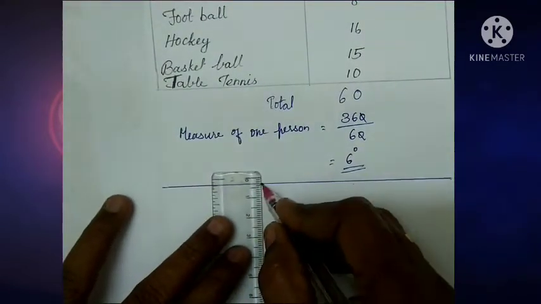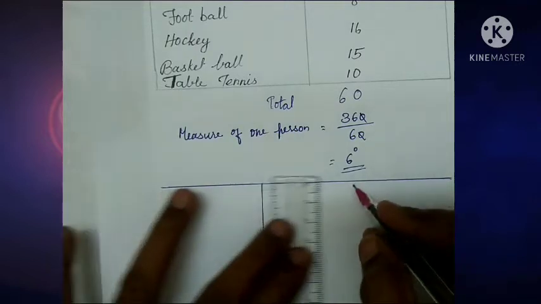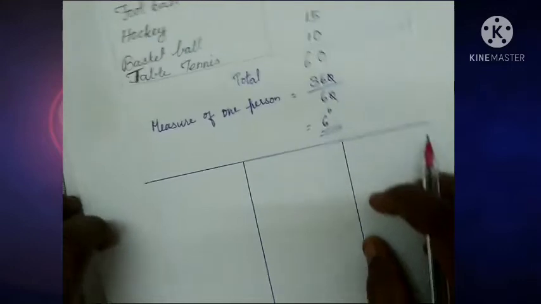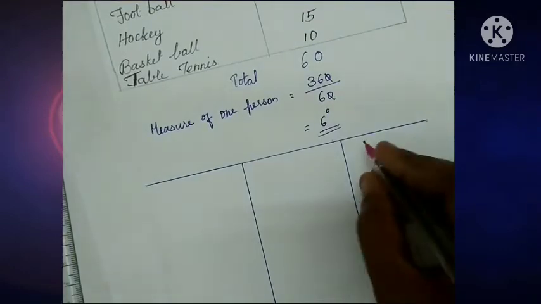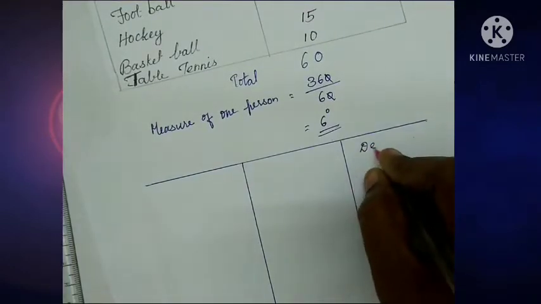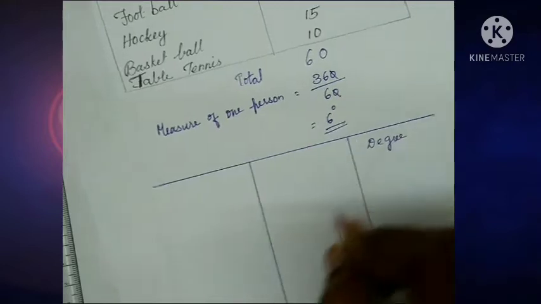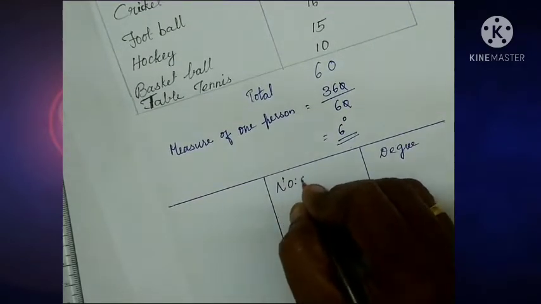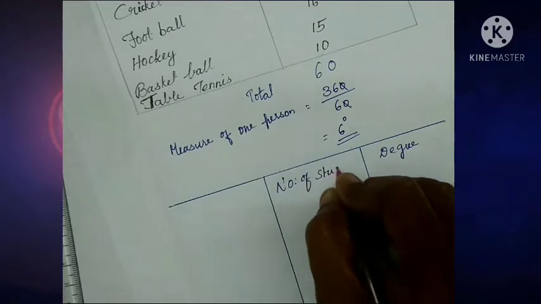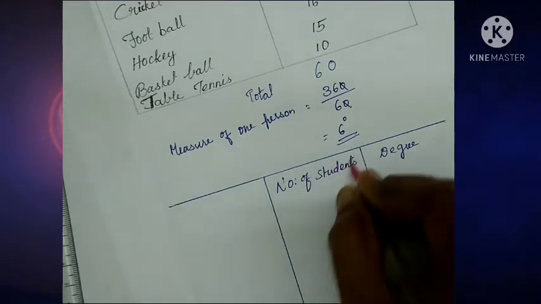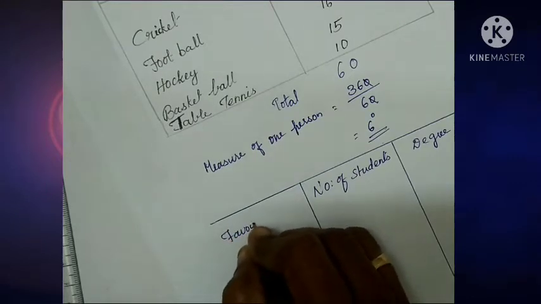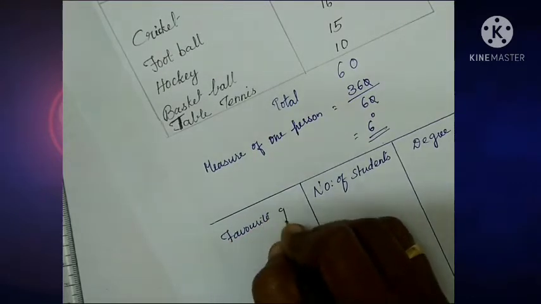In the first column we want to mention the favorite game, next the number of students, and then the third column, where we want to mention the degree, the measurement of the angle.